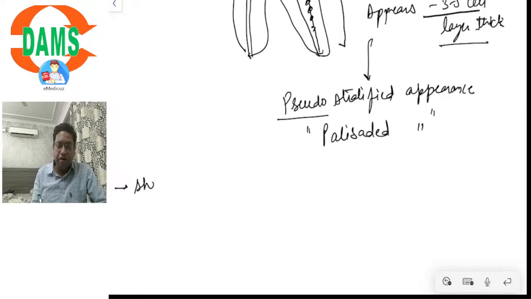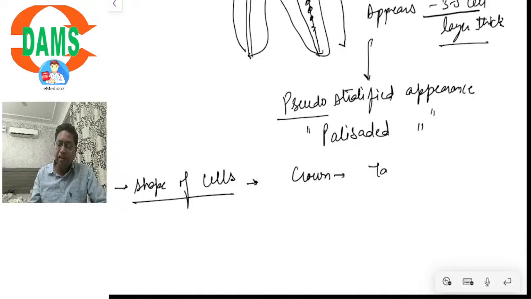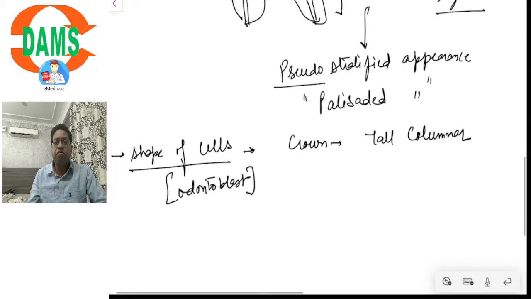Now, if we talk about the shape of cells, I am discussing the outermost layer of dental pulp, that is the odontoblast layer. The shape of the cells in the crown portion of the pulp is tall and columnar. Which cells am I talking about? Odontoblasts, the outermost zone.